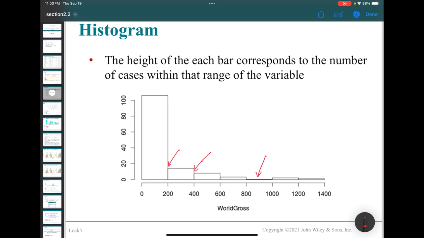We have a scale. Let's say this is the x variable, so we have x variable values on this x-axis, and same as other graphs, y-axis shows the frequency.